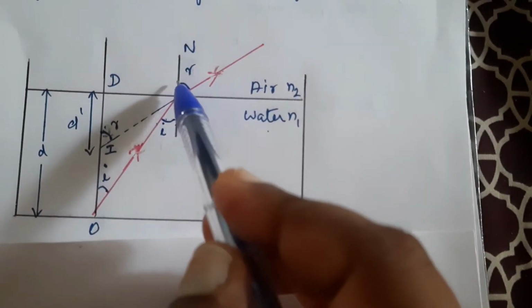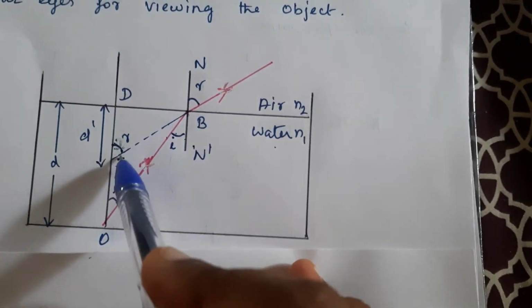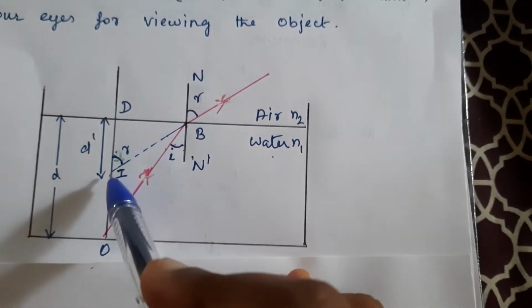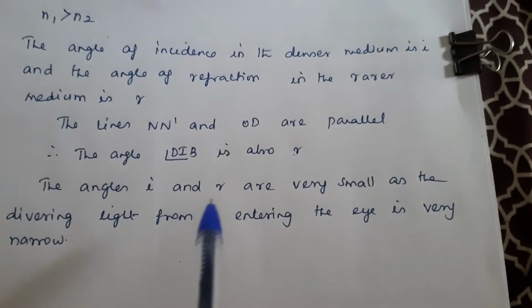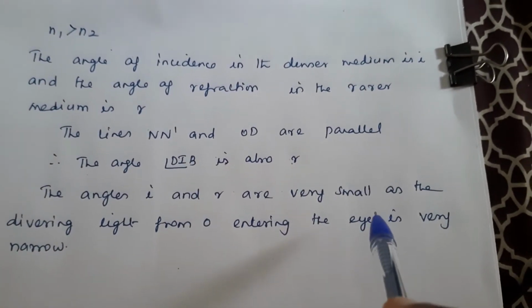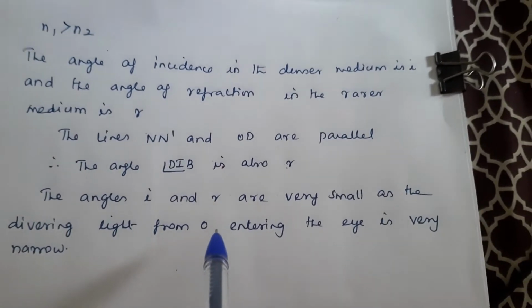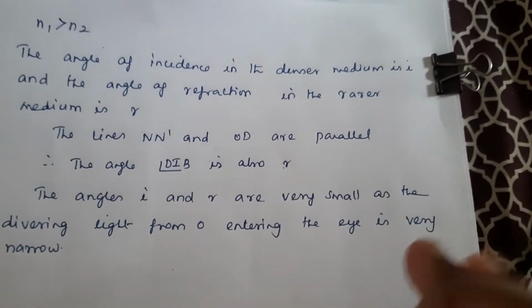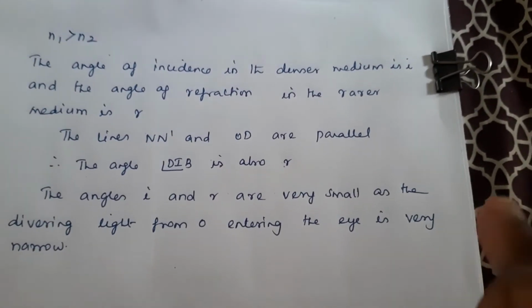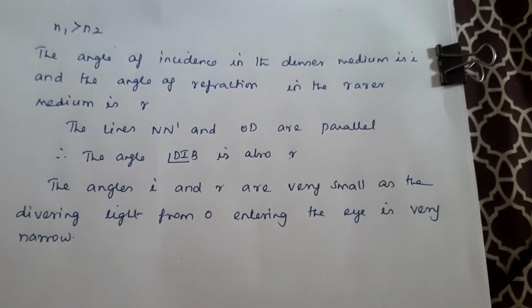Since this angle is R, extending this line, the angle DIB is also R. We consider the angles I and R to be very small, as the light enters from the denser medium to the rarer medium for a normal view.